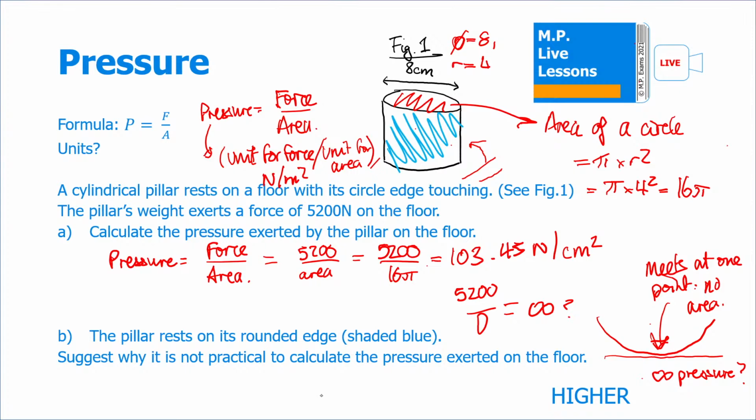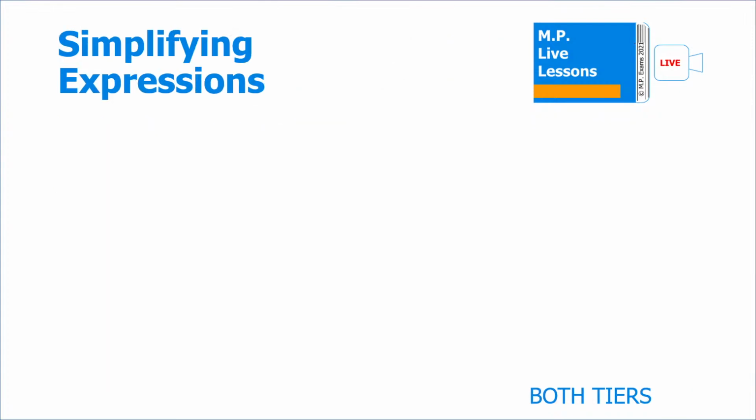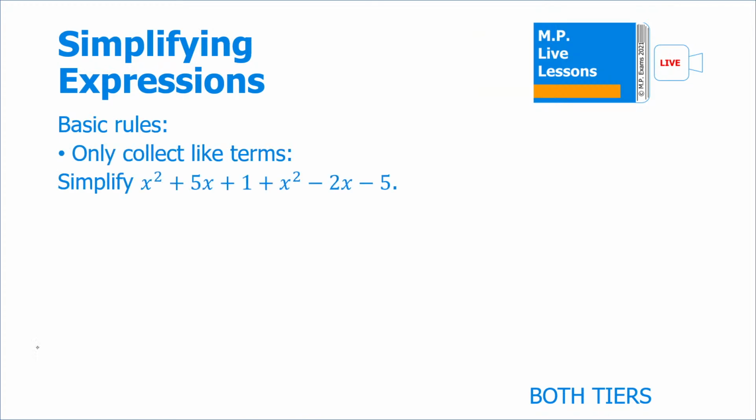Now, for both tiers, we'll move on to some algebra, which is simplifying expressions. So you have basic rules, such as to collect like terms. If I use a highlighter, I could highlight the like terms, which depends on the letters, such as x squared here. You also have an x squared here. Now we'll have a different color for the x terms, just a single x.